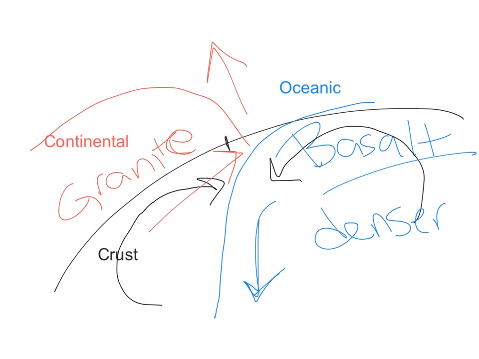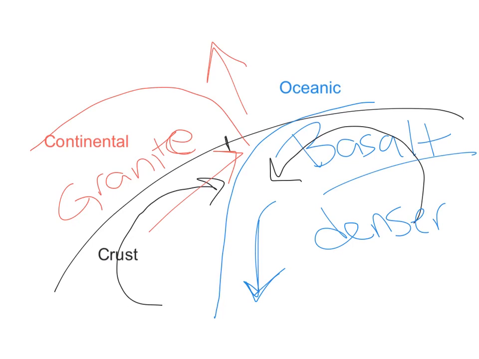This collision between oceanic and continental plate boundaries happens more often in the Pacific Ocean. So that is why a lot of the earthquakes, volcanoes, and trenches are located in the Pacific Ocean.